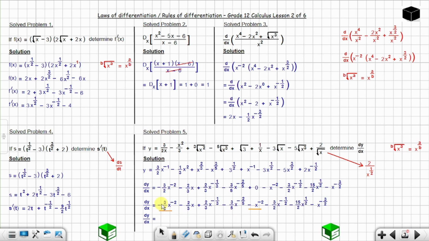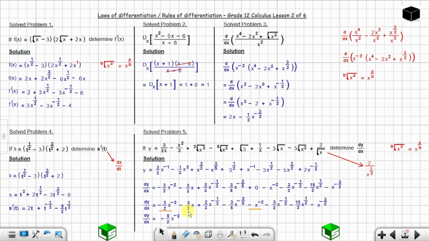So you have negative 3 over 2 minus 1. Okay, negative 1.5 minus 1, which is negative 2.5. I can write it as a fraction, negative 5 over 2. So this is negative 2.5 x to the power of negative 2. Okay, these are like terms. So you have this.